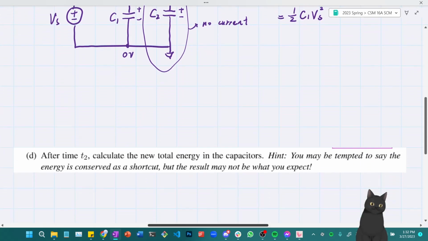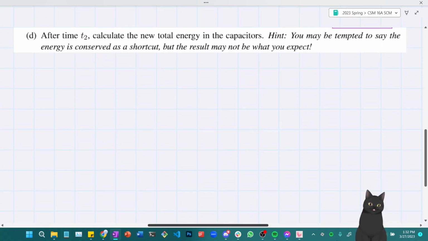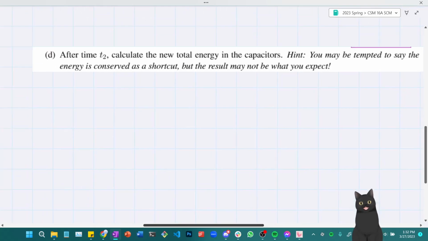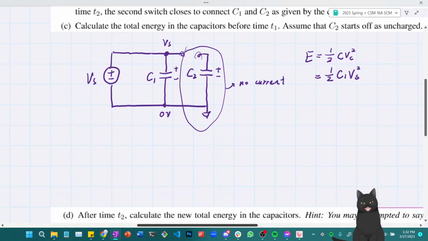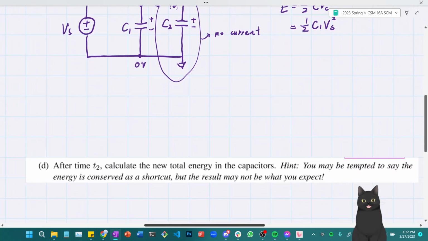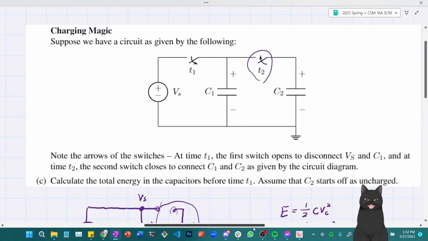Now let's look at part D. After time t2, calculate the new total energy in the capacitors. So let's draw out the circuit after time t2. At time t1, the first switch opens, and at time t2, the second switch, corresponding to t2, closes.